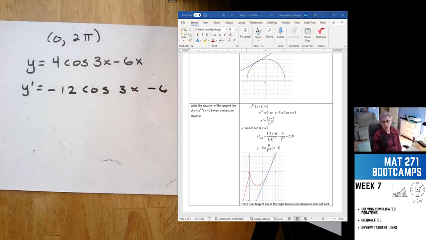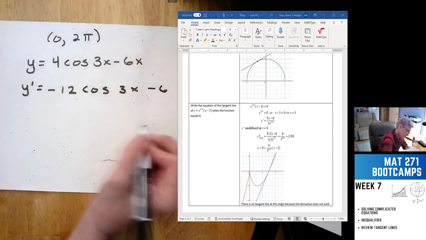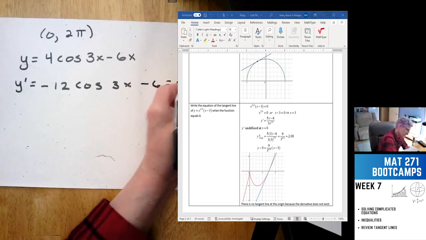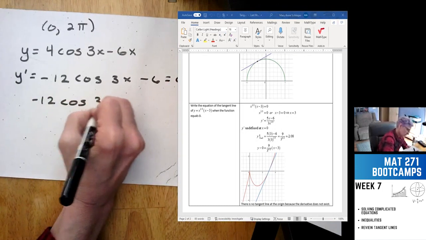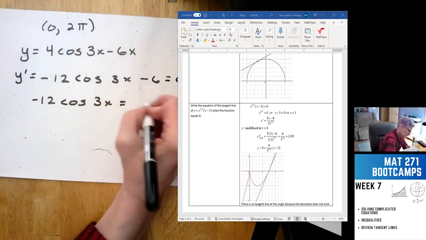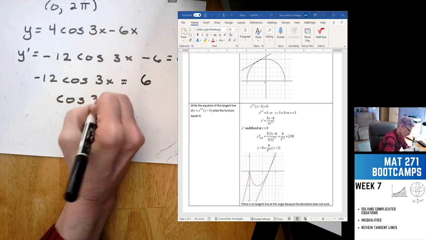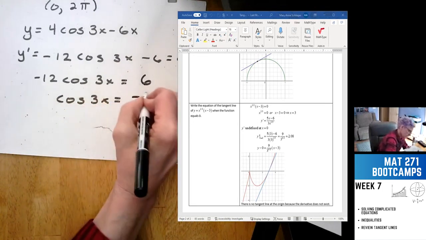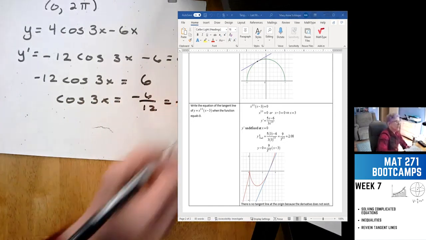So you got something like that for your derivative. Right. Okay. Then you set that equal to 0. So you had negative 12 sine 3x is equal to negative 6, so you had sine of 3x is 6 over 12, which is 1/2.